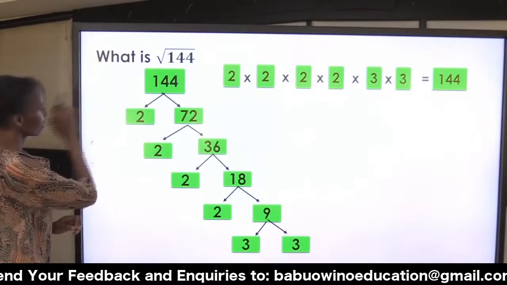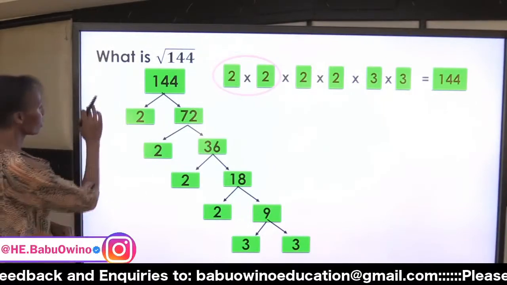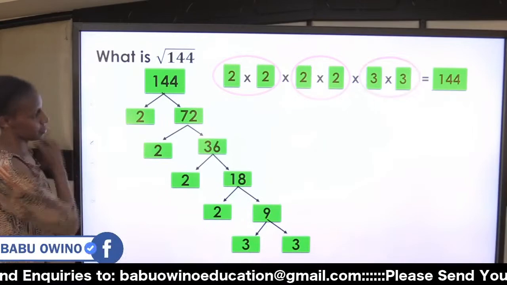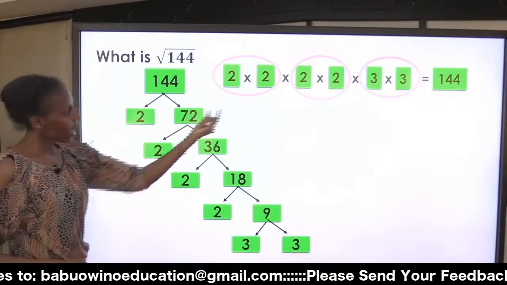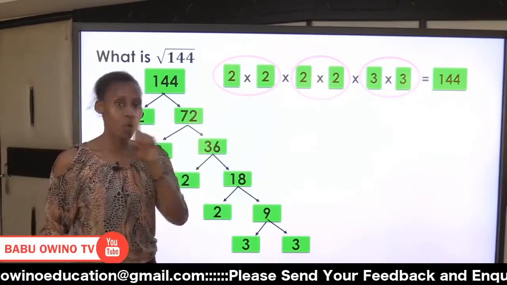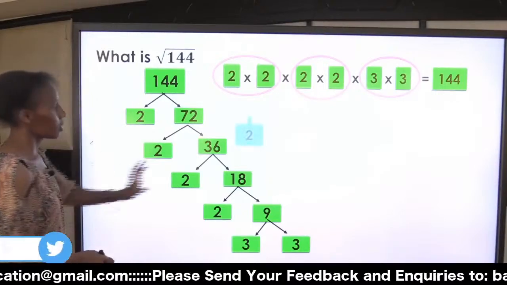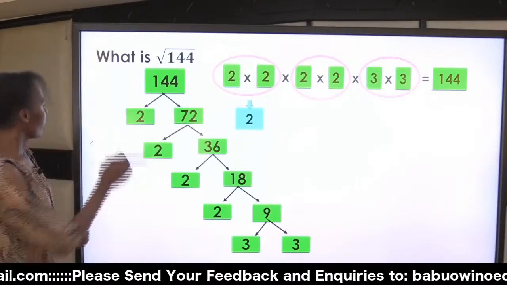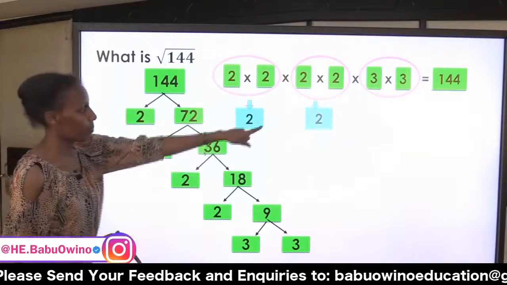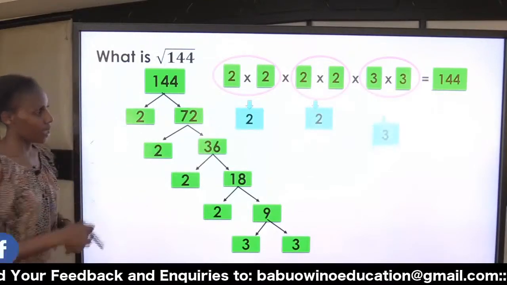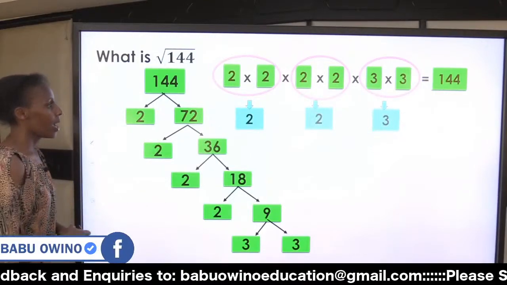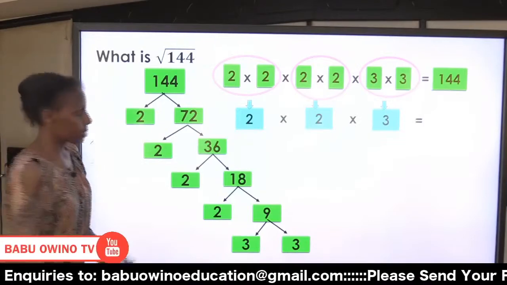After that, I pair my prime factors. Okay. In every pair, I pick 1. I just pick 1. So here I will pick 2. In the next pair, I pick 2. And in the other pair, I pick 3. After that, I multiply.